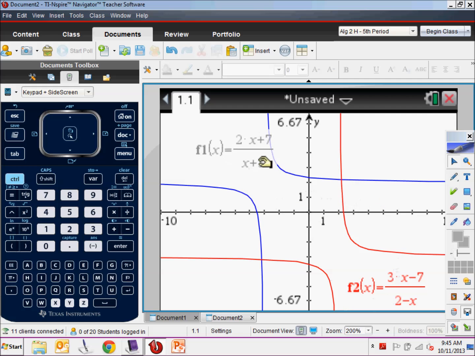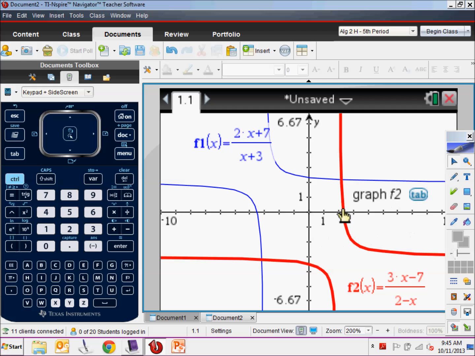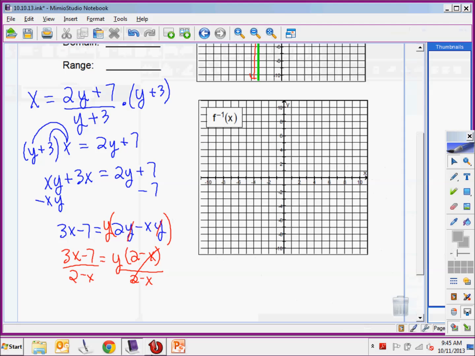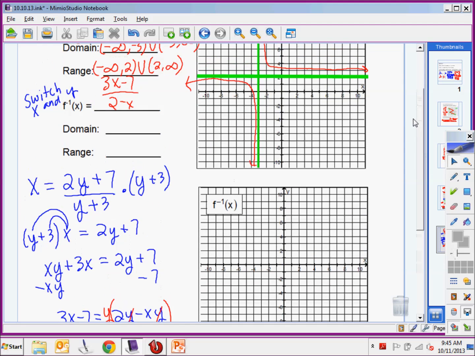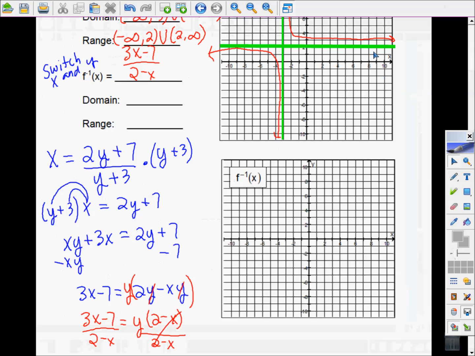So my asymptotes are at what? 3 and 2. Negative 3. Negative 3 is my what asymptote? Horizontal. And positive 2 is now my vertical. All right, so where's my horizontal at?